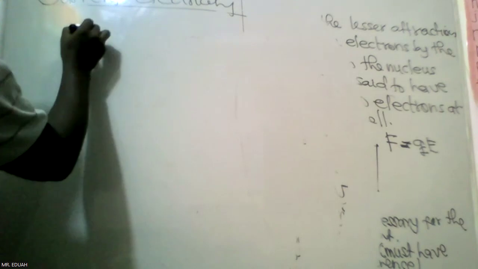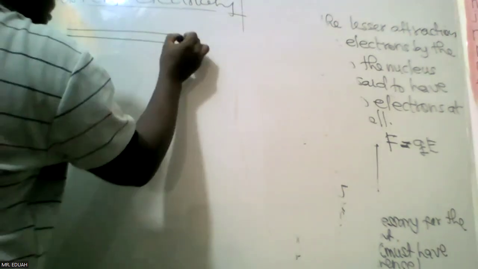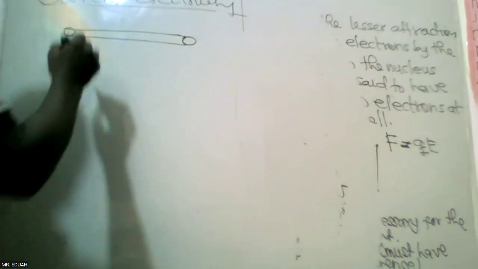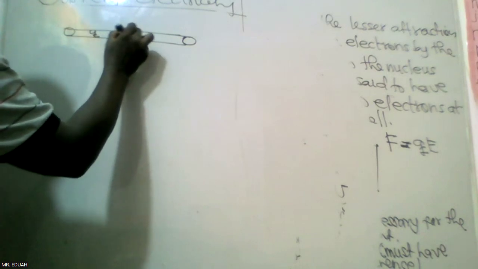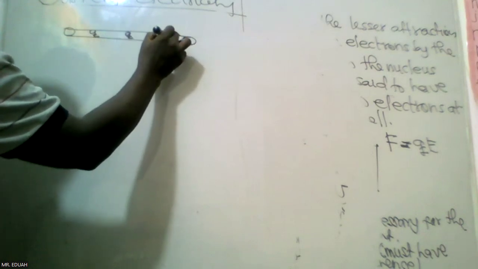So this is a conductor. A conductor has free electrons. At room temperature, they are immobile, but they are free.